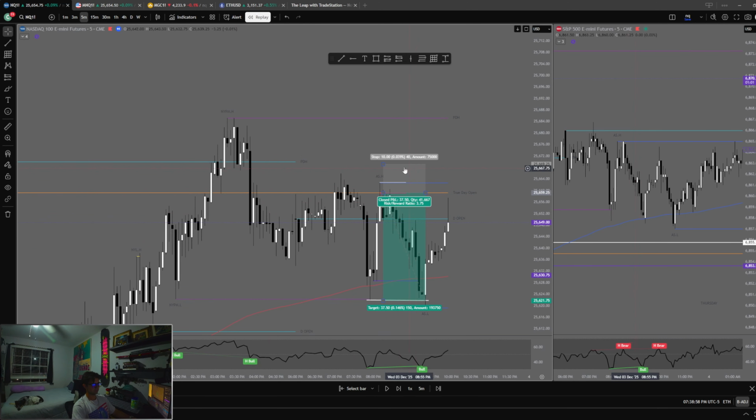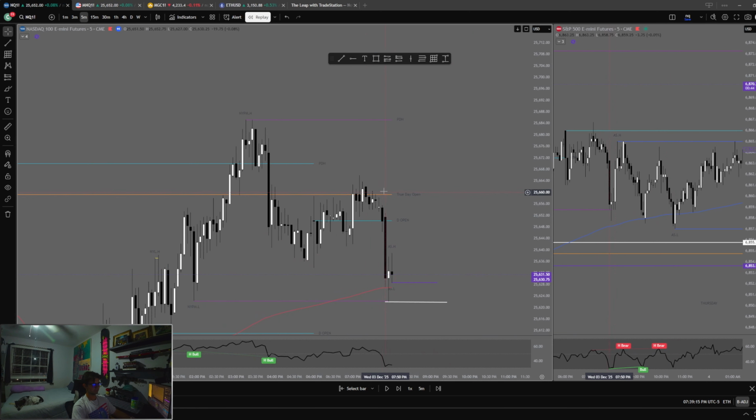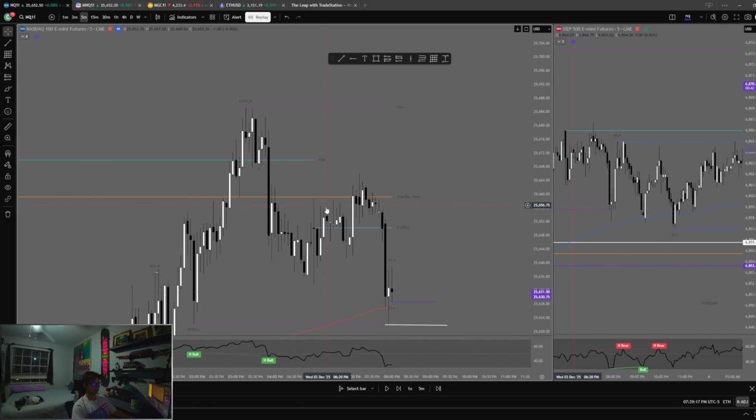So let's get into what the actual entry trigger was. Let's go into replay mode just so I can show you guys this a little bit better. Let's cut back. Right here, this should be good. We have this key level right here, true day open.